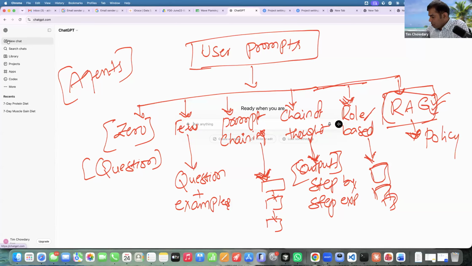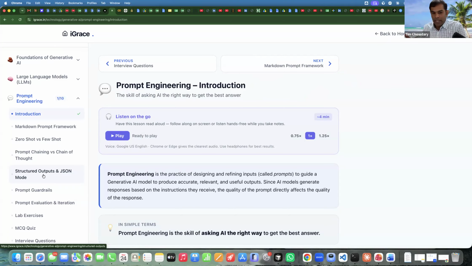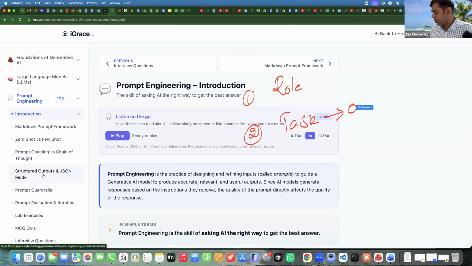Yeah, good one, Shashi. I agree with you. But that is a little advanced. Even before that, if we talk about the very basic structure of a prompt, a good prompt follows some outline. As Shashi mentioned, define the role, and then the task or objective, basically what we want to accomplish.